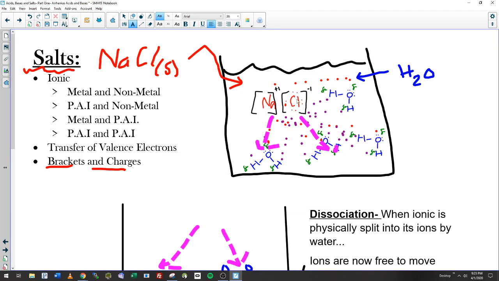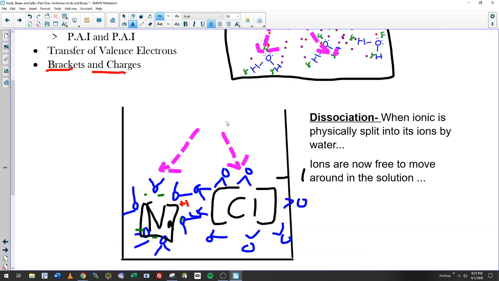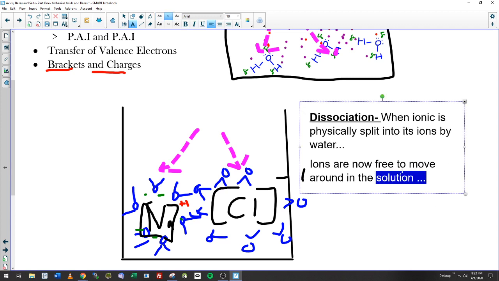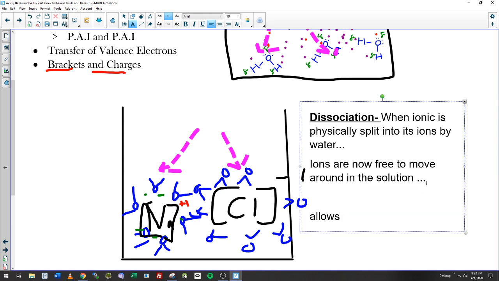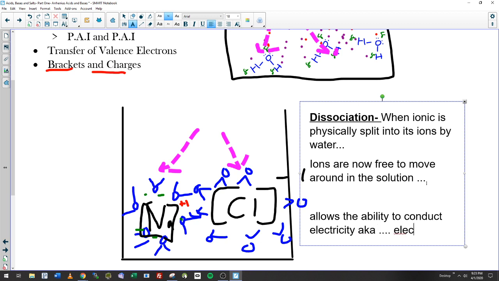These particles are charged, but they're not free to move. When you allow them to dissociate, they are now free to move around in the solution, which allows the ability to conduct electricity, aka an electrolyte.